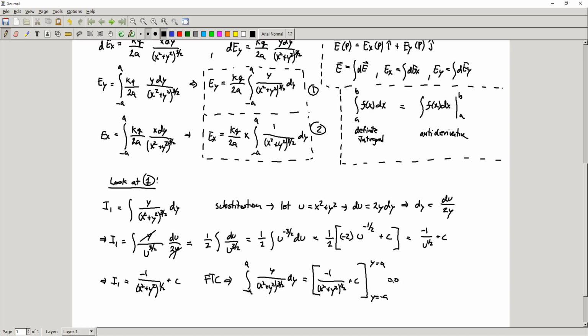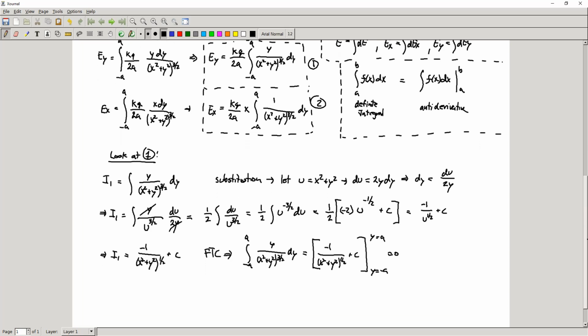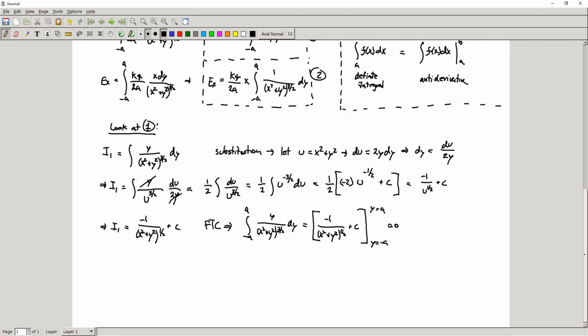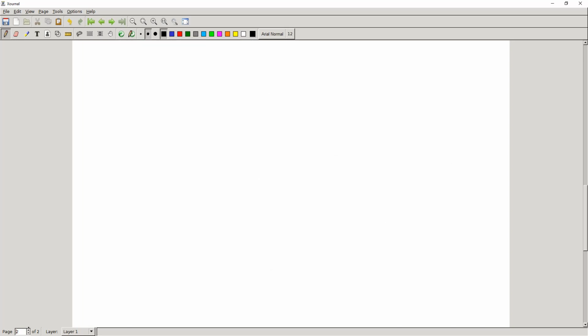But now, those of us that are a little more familiar with calculus would have thought of this right away. We can see right away that this would have had to be 0, because this function in here is what we call an odd function, right? And maybe I can have a space here. I'll add a page.